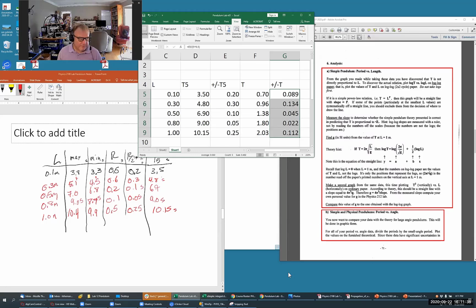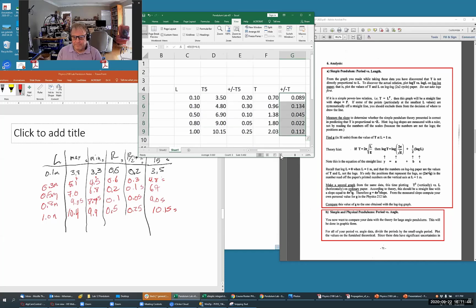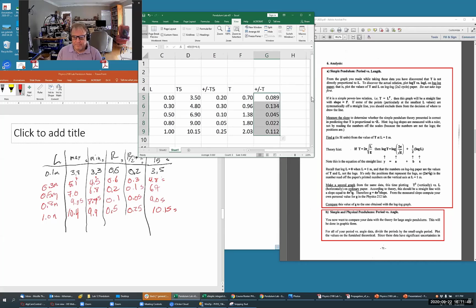How we doing, guys? Are we following along with me? Okay, so they want us to make a plot of the log of t and log of L and log of 2 pi over square root of g.